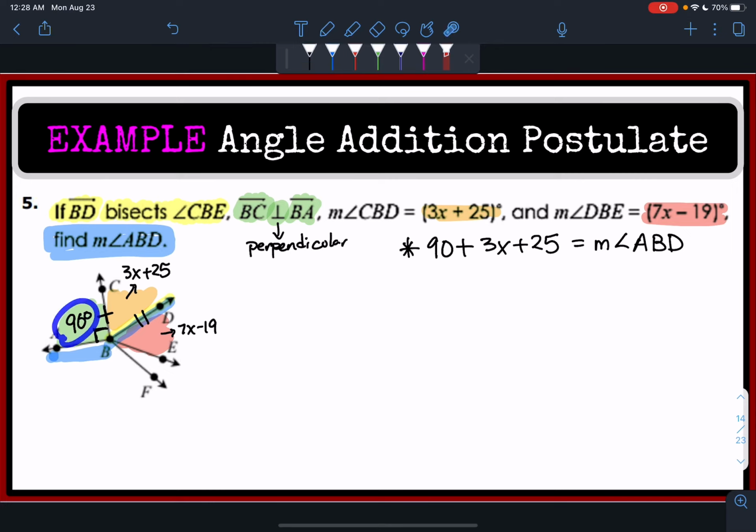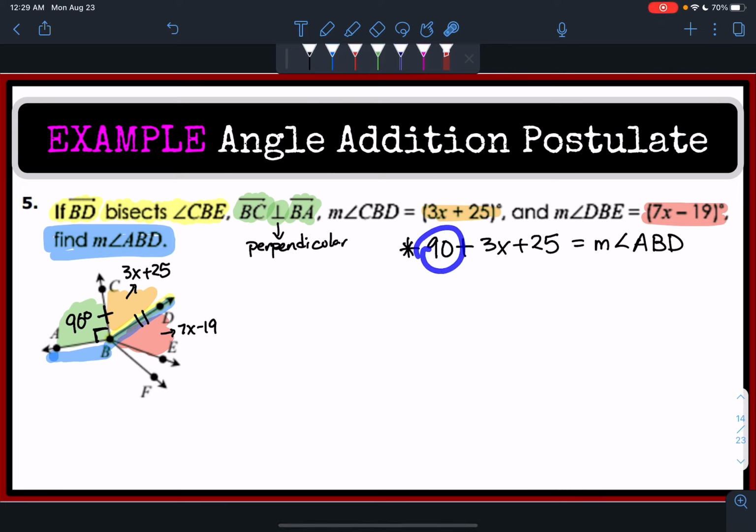By adding this angle and that angle, that's going to give me the angle measurement from point A to vertex B to point D. But here's the problem: I don't know what the value of x is. I don't think they want me to give you the expression. They want the measurement. So I'm pretty sure they want the actual numerical value, and I do not know what the value of x is.